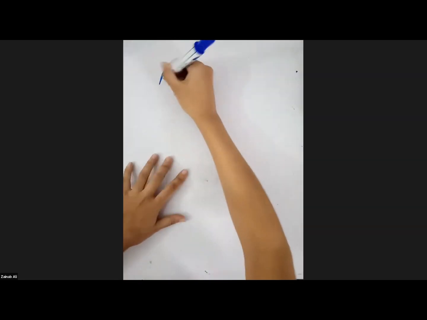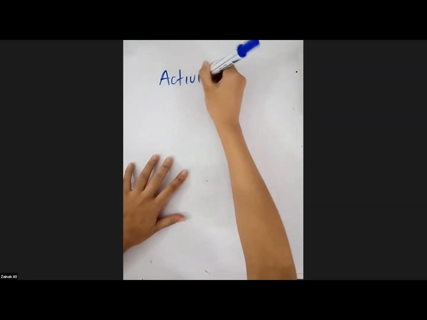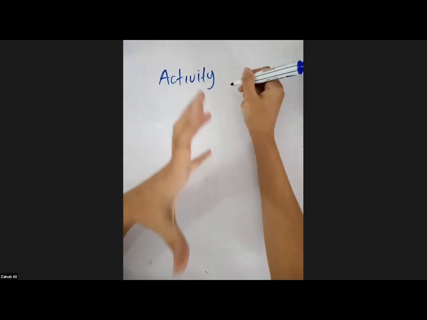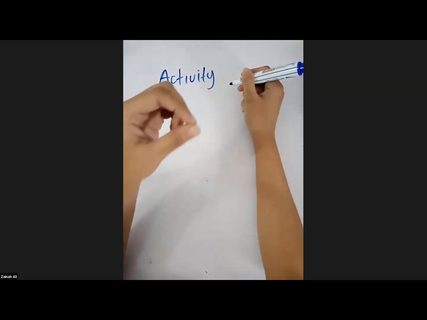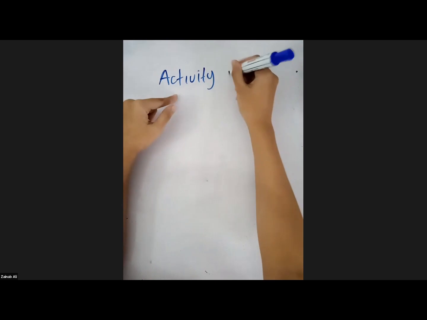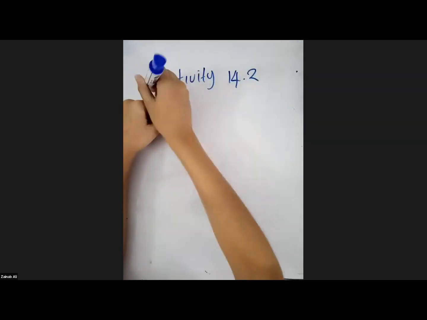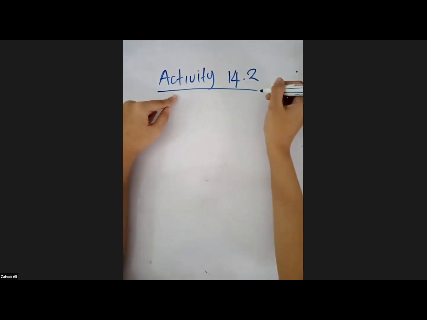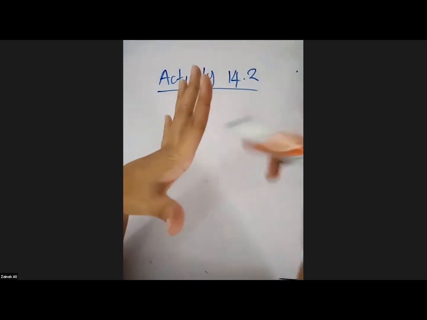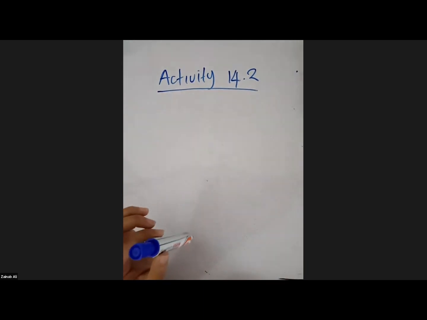Okay, now in activity 14.2, they are telling you how to draw a reflection, how to draw the phenomena reflection. In activity 14.2, they have said how can you draw a reflection.